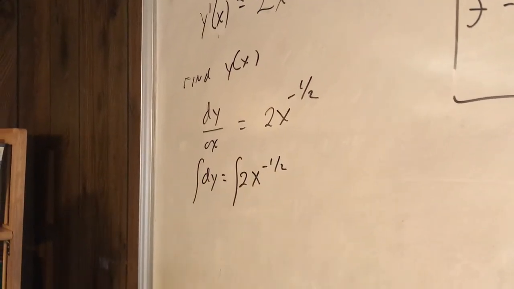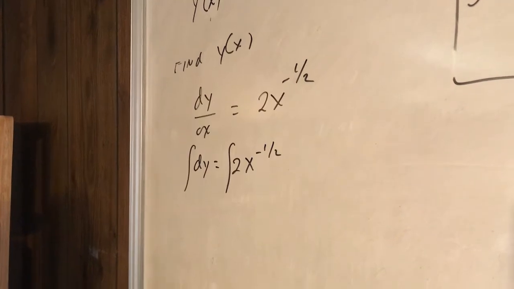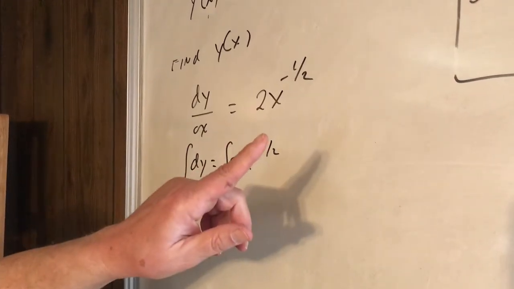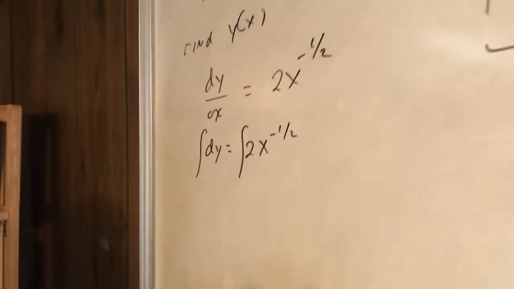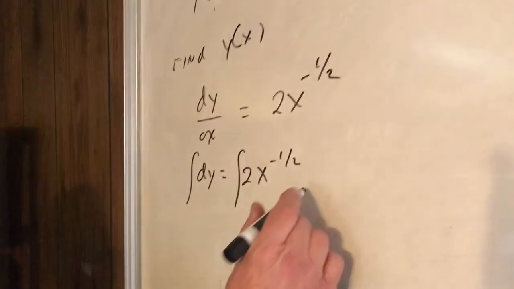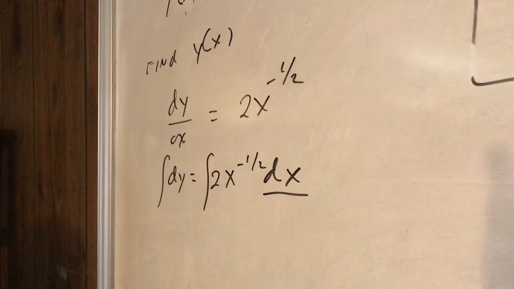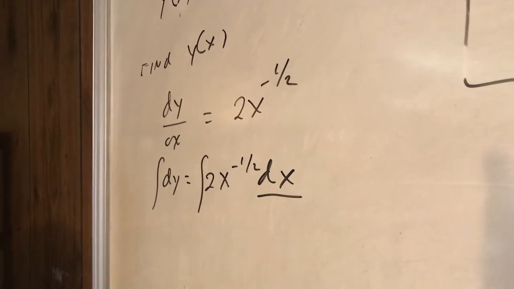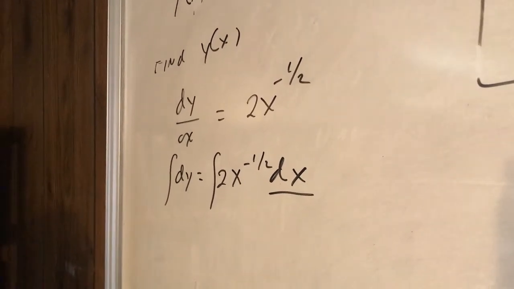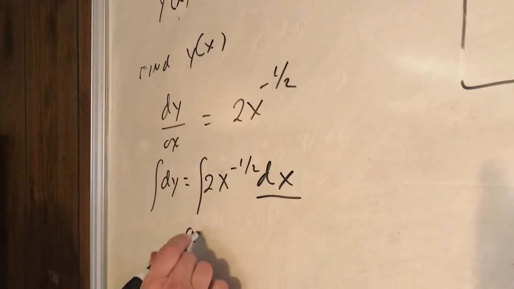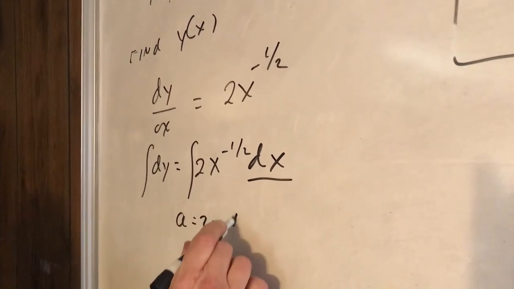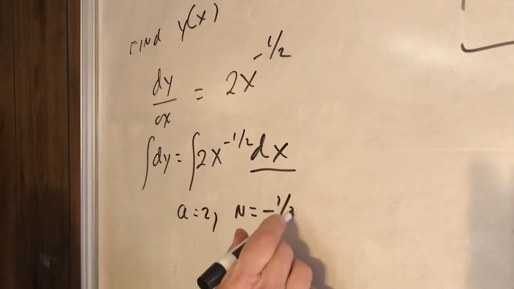Now I'm ready to use my rule. Oh, I've got a dx, sorry. dx is called the differential. It's a small piece of the curve. Here a is 2, n equals minus 1/2.